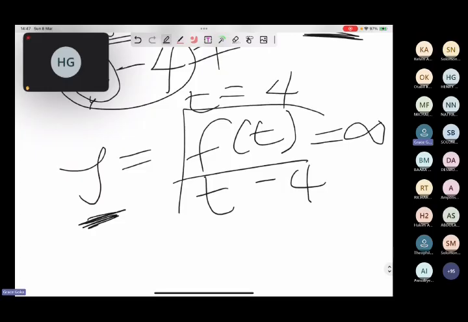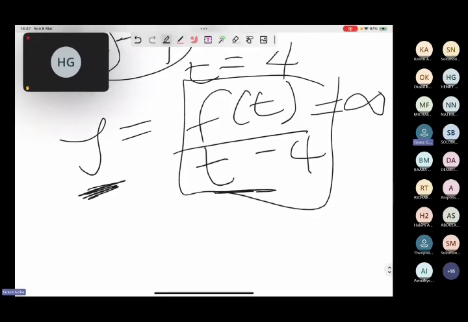This is a rational function. The only way that this rational function will be undefined is if the denominator is equal to what? 0. Therefore, if t is time, we don't want t to be equal to 4. Because if t is 4, the denominator becomes 0, the function becomes undefined, meaning the temperature has heated to an abnormal degree.